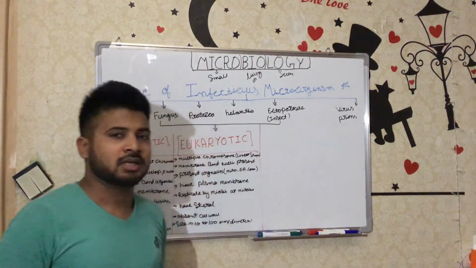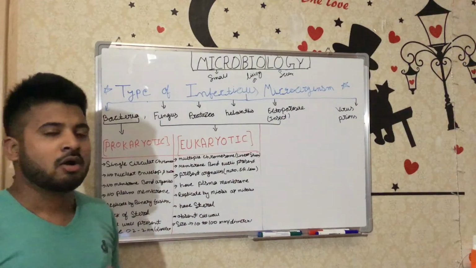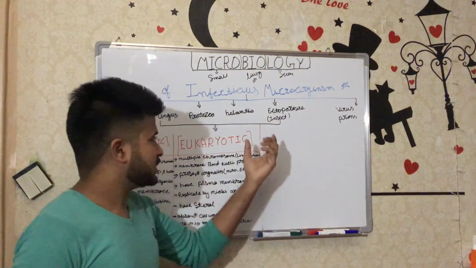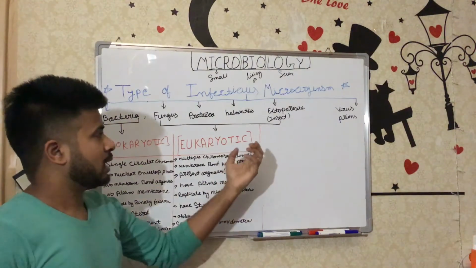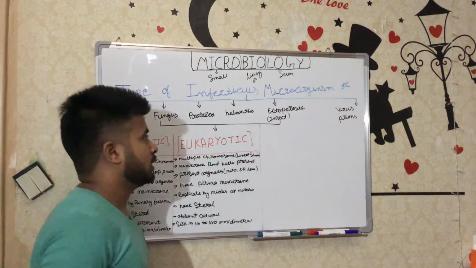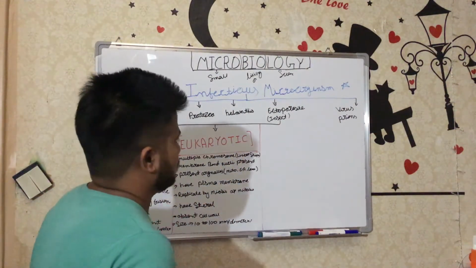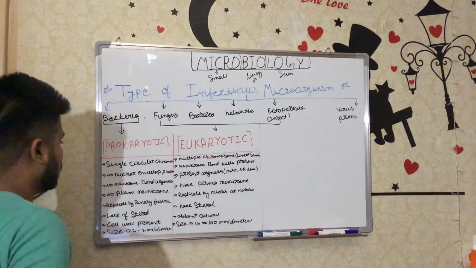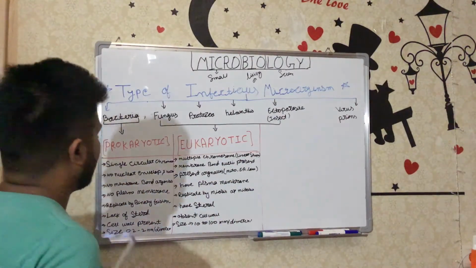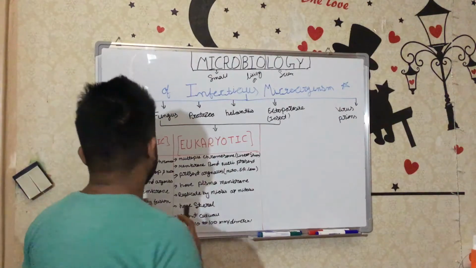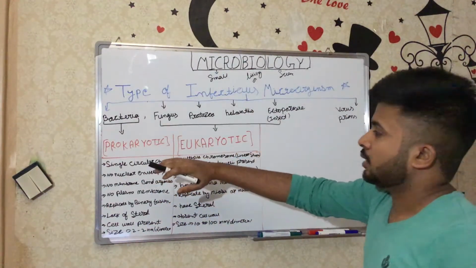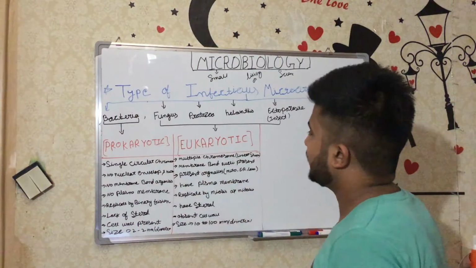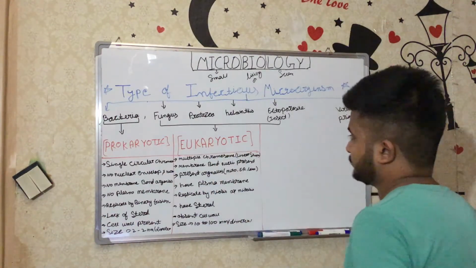Ectoparasites are insects, like lice, horsefly, and some others. From the insect you can understand which types of microorganisms belong to the insect. And then virus and prions. From the bacteria, as you all know, they are divided into two parts. First is categorized as prokaryotic, and second is eukaryotic.